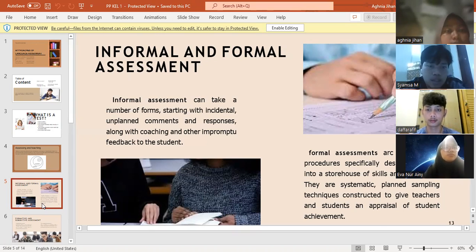And the second is formal assessment. Formal assessments are exercises or procedures specifically designed to tap into a storehouse of skills and knowledge. They are systematic, planned sampling techniques constructed to give teacher and student an appraisal of student achievement. To extend the idea, is formal assessment the same as a test?